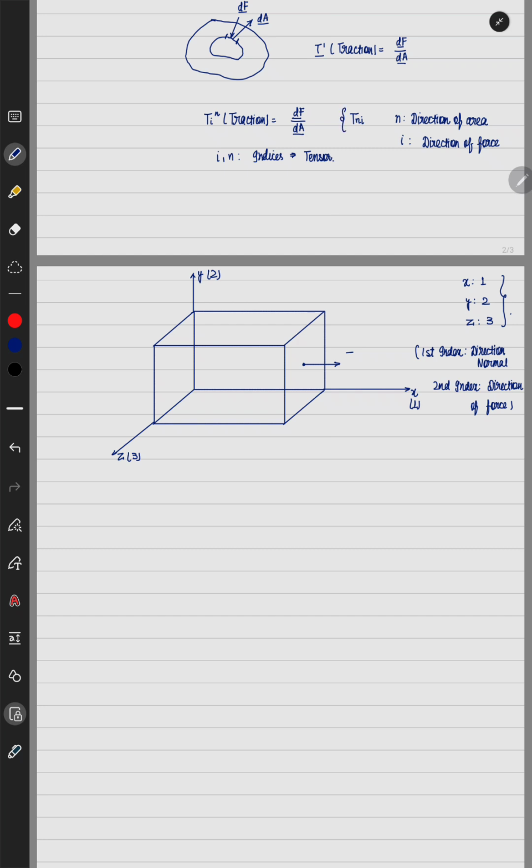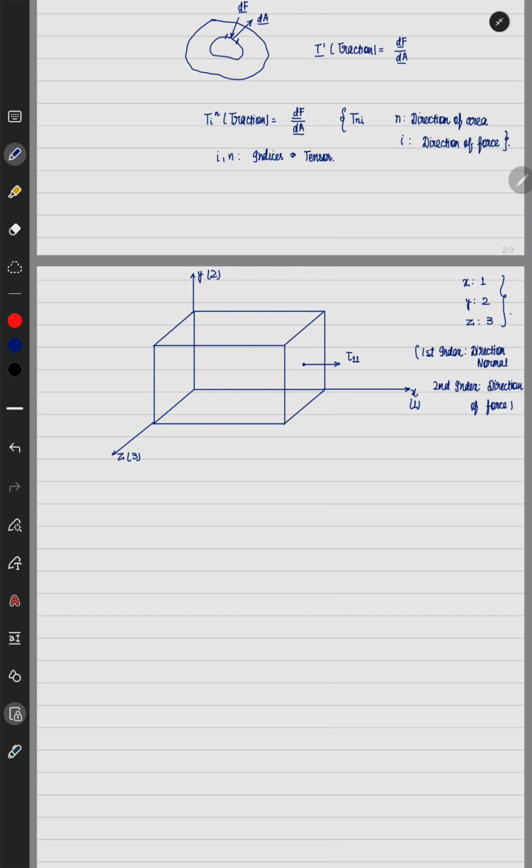So this we need to keep in mind. So if I have to write, this is tau, the first index gives the direction of area. So the area is oriented along direction 1 and the force is directed along 1. So it is given by tau 1 1.